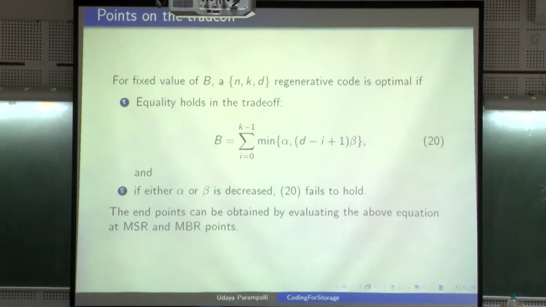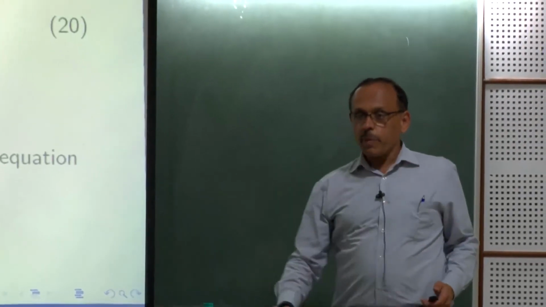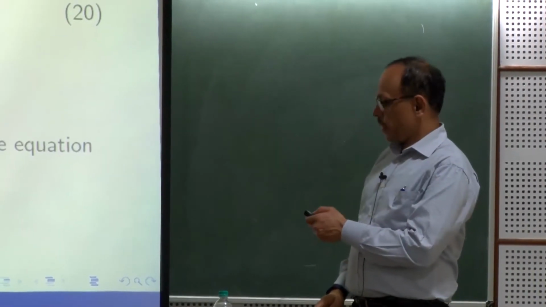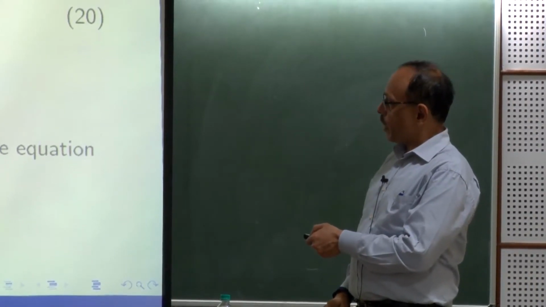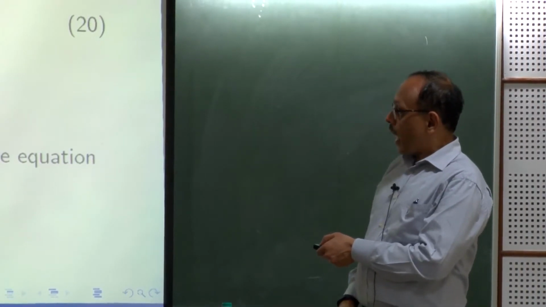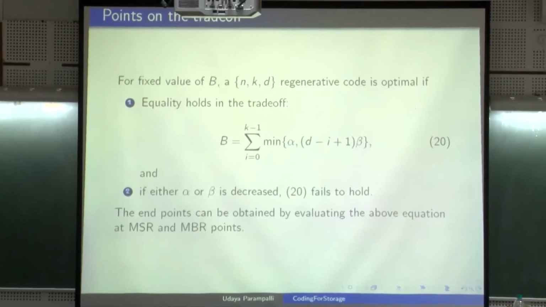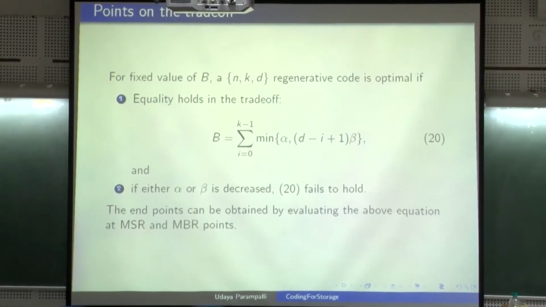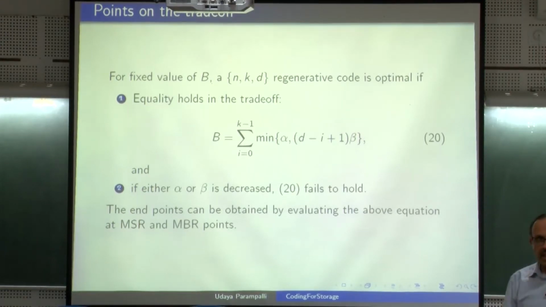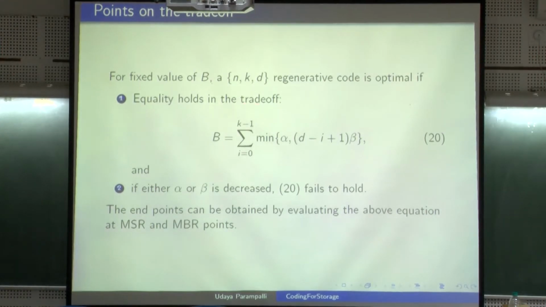For it to be optimal, equality should hold, that is B equals the sum for i equal to 0 to k minus 1 of the minimum of alpha and (d minus i plus 1) beta. And if either alpha or beta is decreased, this should fail to hold. Alpha and beta are such values that B is always equal to this, but if I try to change one of them, then if it is optimum, that should fail.